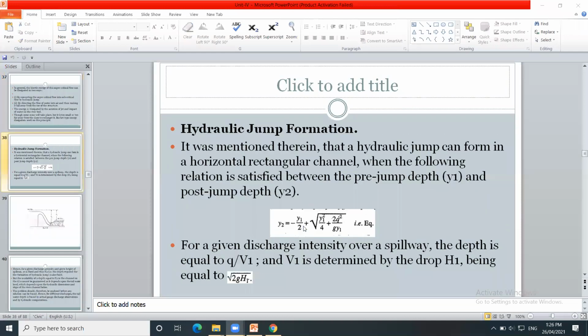So y2 is equal to minus y1 by 2 plus root of y1 square by 4 plus 2q square by g into y1.